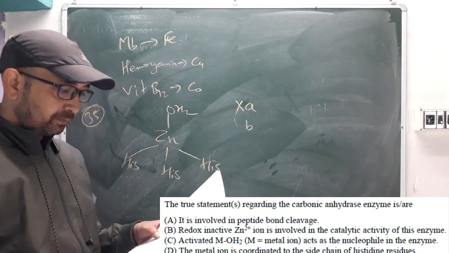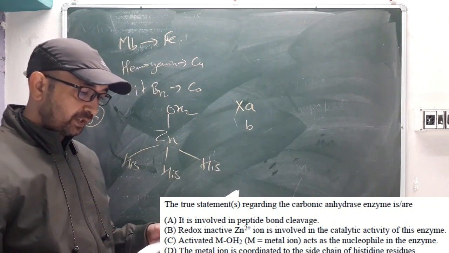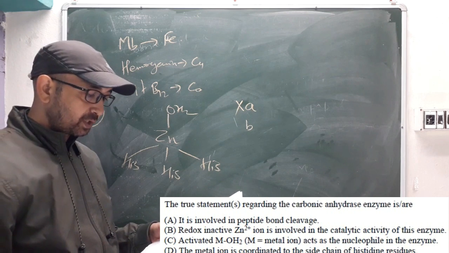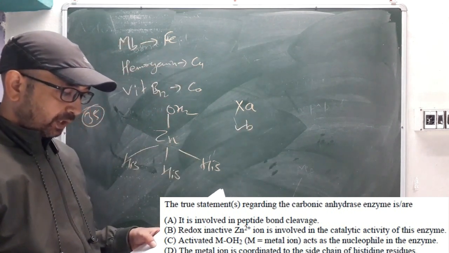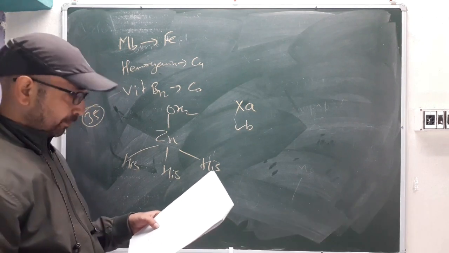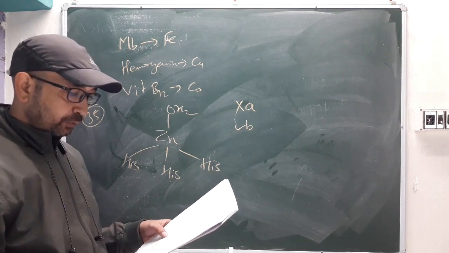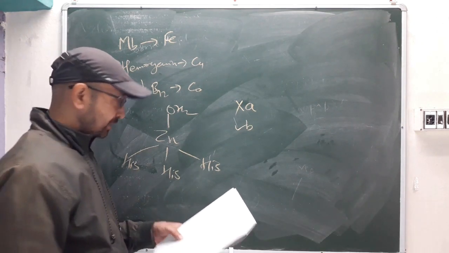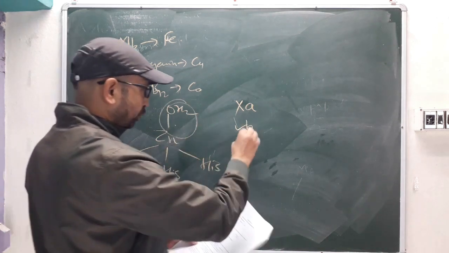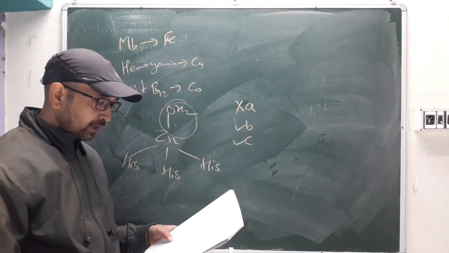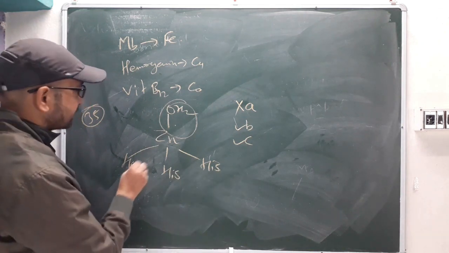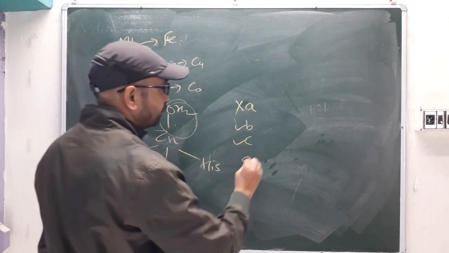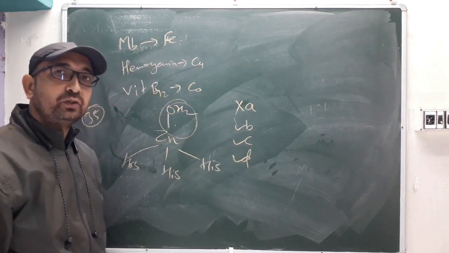Redox inactive zinc 2+ ion is involved in the catalytic activity of this enzyme. Option B is correct. Activated M-OH2, the metal ion, acts as a nucleophile in the enzyme. Yes, it is acting, so option C is also correct. The metal ion is coordinated to the side chain of histidine residues. Yes, it is connected to histidine residues, so option D is also correct.